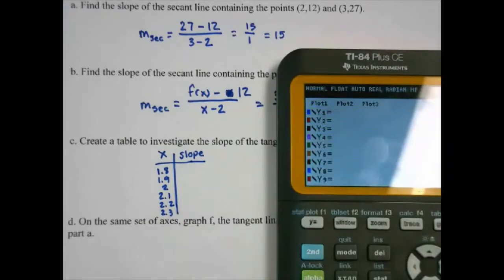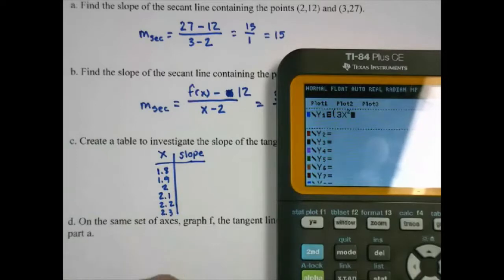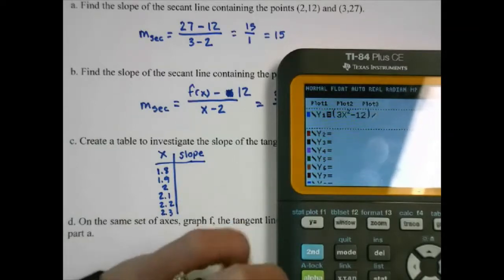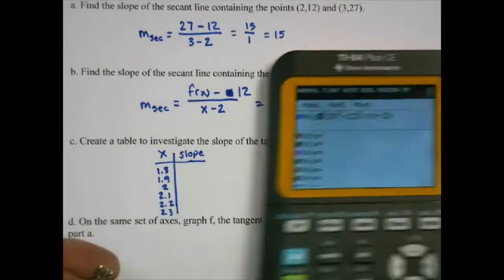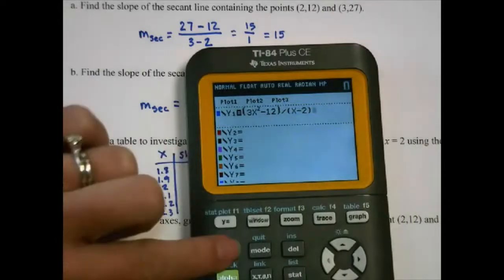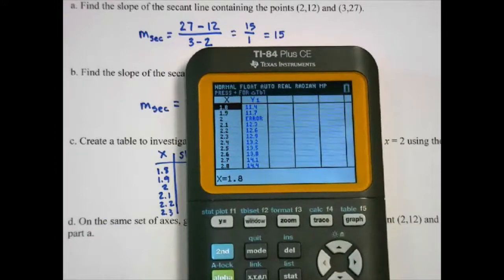So I'm going to get a new function. My function here is going to be 3x squared minus 12 on top divided by x minus 2 on the bottom. Okay, I'm going to go back to the table set. I'm starting at 1.8, going up by 0.1s, and I'll go back to auto. Okay, these are our values.